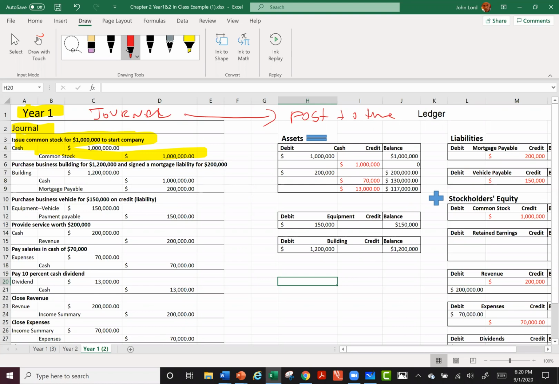So they take something and they carry it over to the ledger and pop it in there as a debit, and what happens? The scale goes up on the debit side. There's now $1 million sitting in my cash account. Okay, I did that with the cash. Now I do it with the common stock. I take that common stock credit for $1 million.